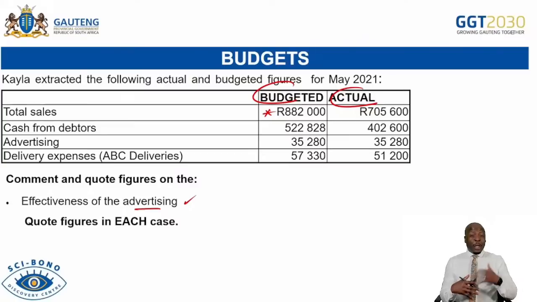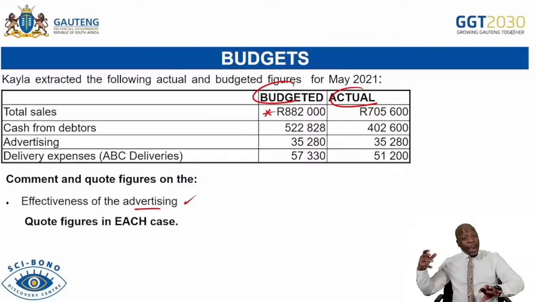At times you can be given commission on sales. Those are kind of questions that you need to expose yourself to. Is there a relationship between the income and the expense? I've seen several types of exam papers where they bring an expense or an income, and then you have to draw a relationship between the two.